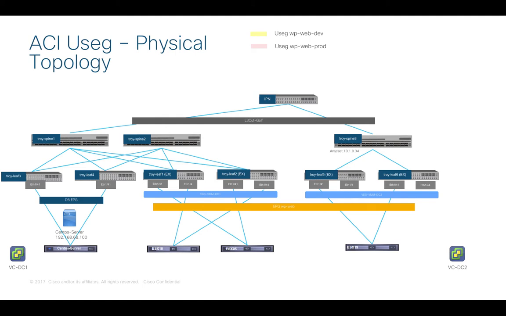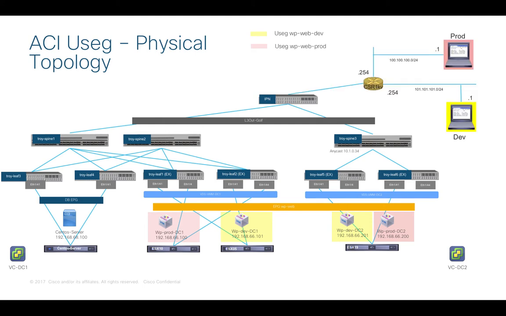So it's a port group which is populated in a VDS, both in vCenter DC1 and in vCenter DC2. On this endpoint group, there are 4 VMs attached. 2 of them are meant to be in production, highlighted in pink here, and the other 2 are highlighted in yellow, and they're supposed to be WordPress development web servers.